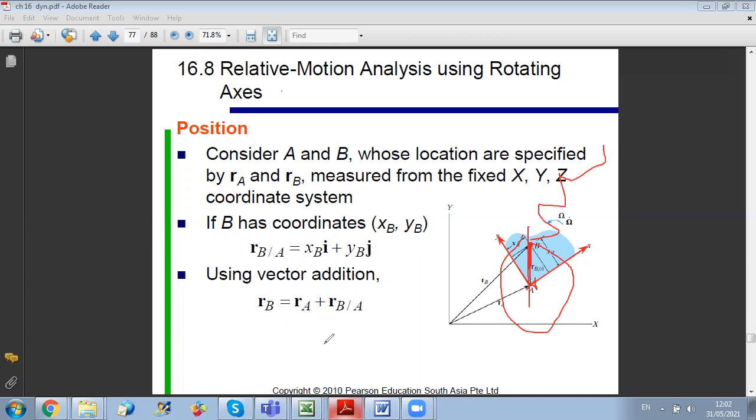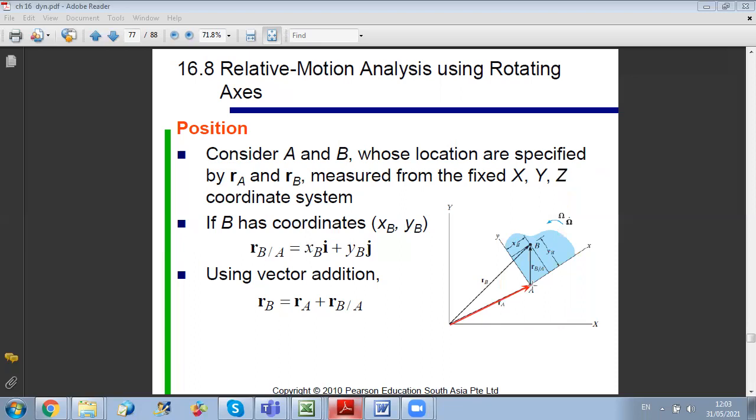And we will develop a technique to find the relative velocity of B measured by A, which is moving, which has a frame attached to it that is rotating with the body. So what is the technique? First, since we are putting a frame at A, we will define the position of A with respect to the fixed frame.